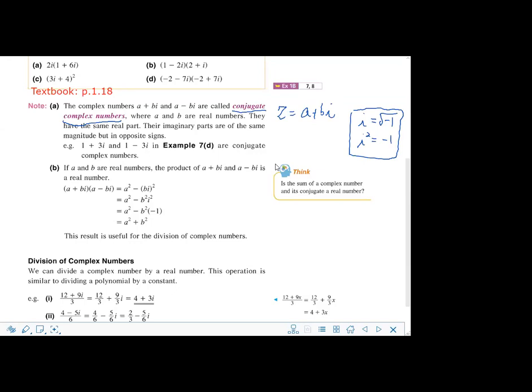Z is a complex number and we call the conjugate of Z, normally written as Z bar. Z bar is equal to a minus bi.